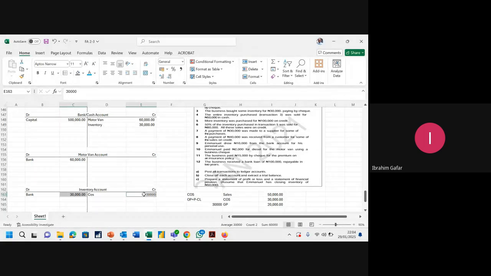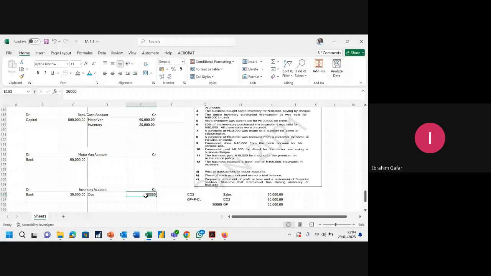Why? Because if you buy something, you are not selling it for the same amount that you are buying it, right? That's what you are doing to make money. It's in your sales account that you now declare that you sold it for 50,000 naira. And that is why I said your inventory here will be credited. Let's be practical about it.